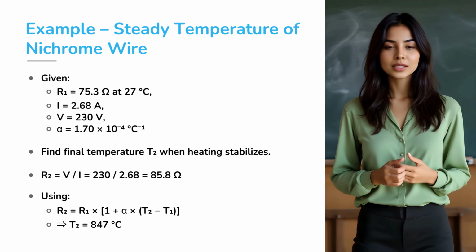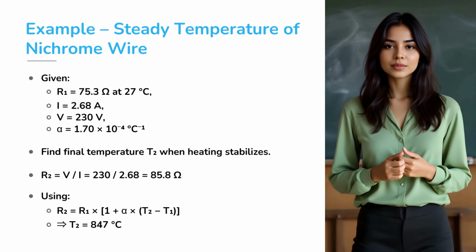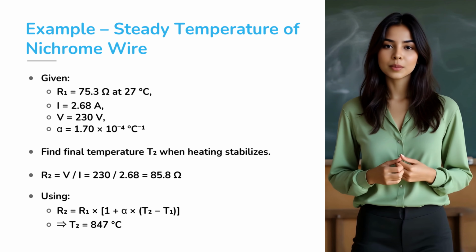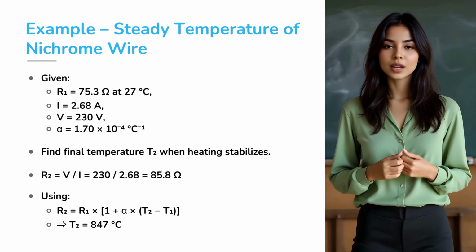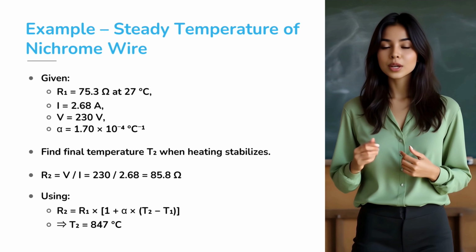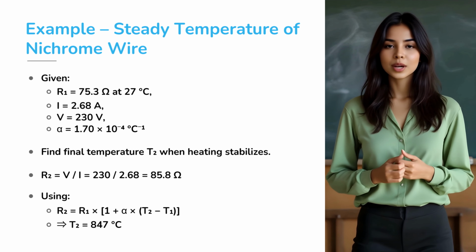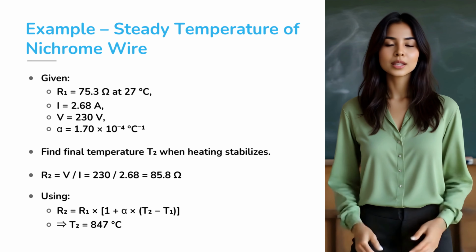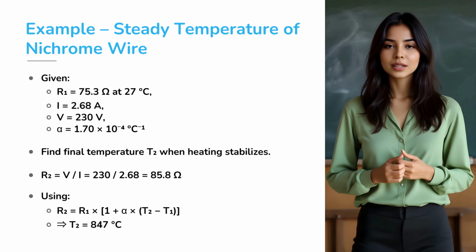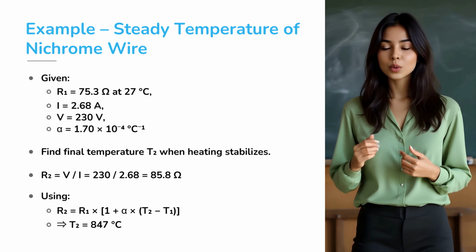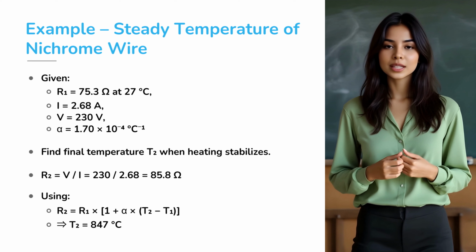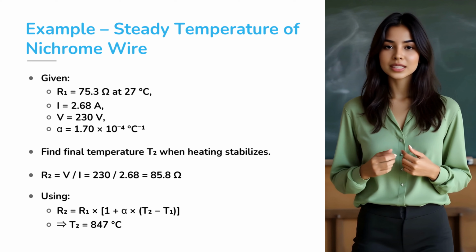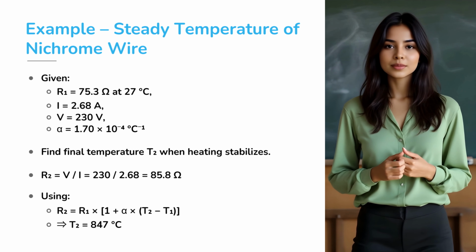Step 2. Use the temperature resistance formula. We apply the equation R2 = R1 × [1 + α × (T2 − T1)], substituting the values: 85.8 = 75.3 × [1 + 1.7 × 10⁻⁴ × (T2 − 27)].